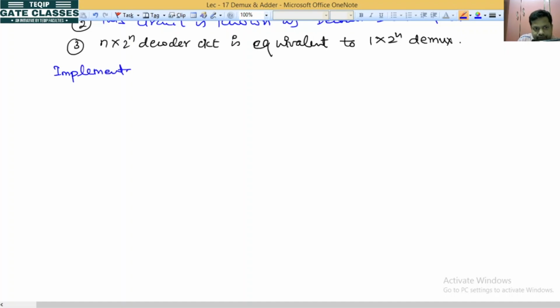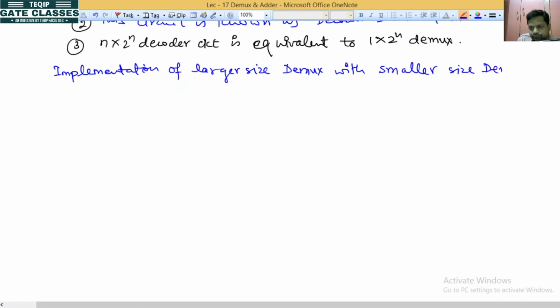Implementation of larger size DMUX with smaller size DMUX. So suppose I want to create 1x4 DMUX with the help of 1x2 DMUX.